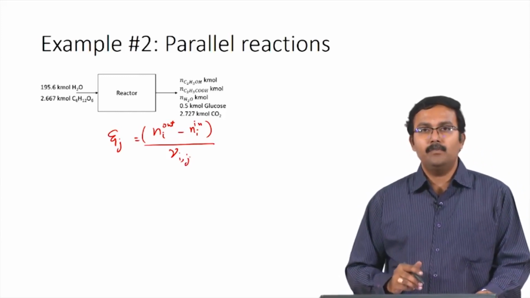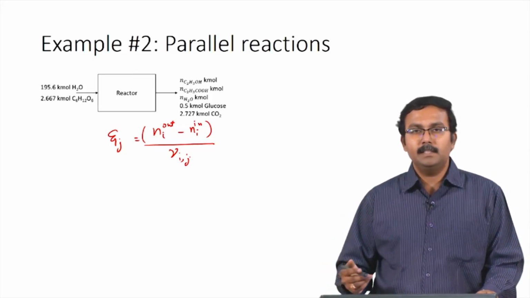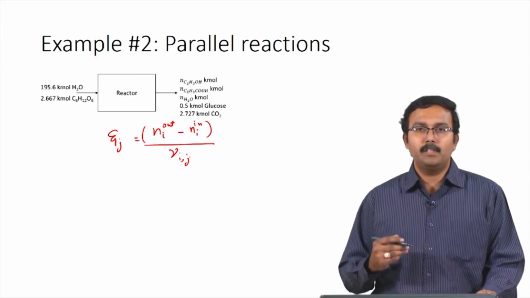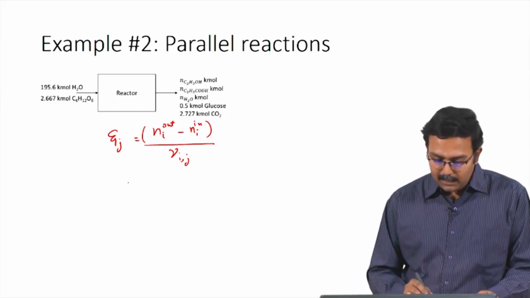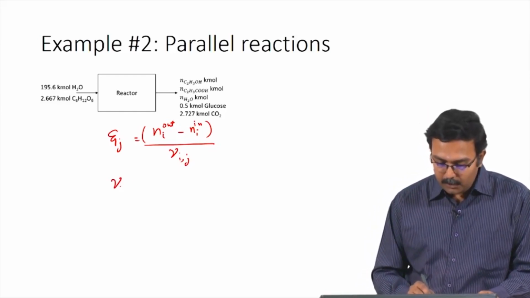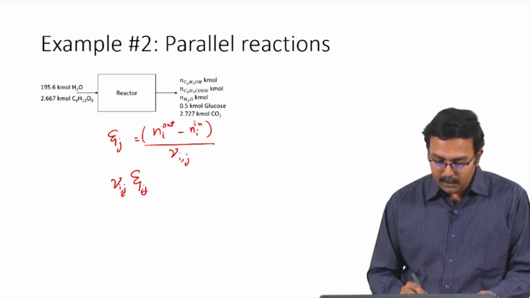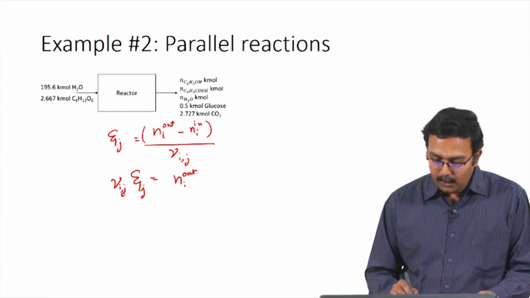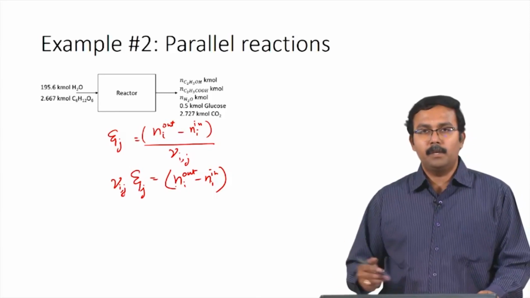So, this is basically a representation of the change in the number of moles of a particular component during the reaction divided by the stoichiometric coefficient of that particular reaction. From this equation we understand that the product of the stoichiometric coefficient of a component in the reaction j times the extent of reaction for reaction j would basically give us N out minus N in for a particular component, which is the change in the number of moles of a particular component.